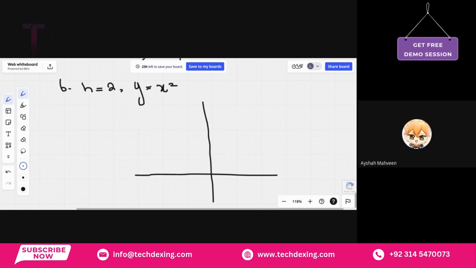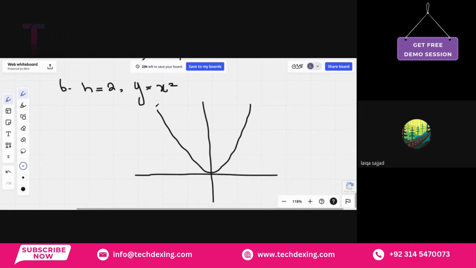It's a parabola. Yes, it's a parabola. And is it concave up or concave down? Normally, when it's simply y equals x squared, it'll be in a U shape. Yes, it would be concave up. This is what we call concave up.